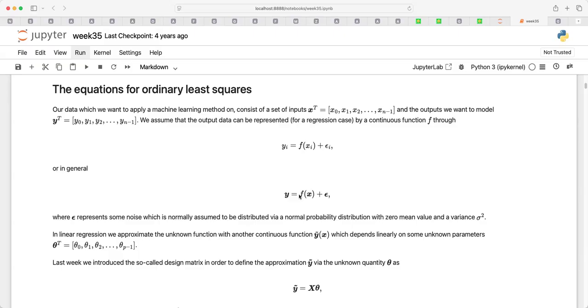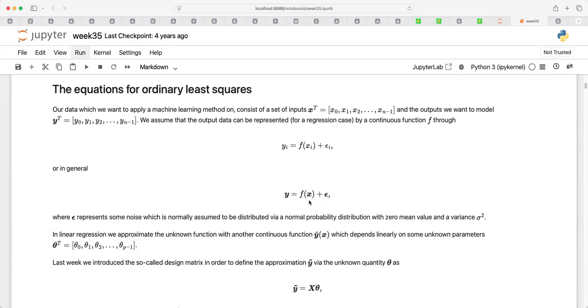I'd also like to say something more. So we are going to make the assumption that x is not a stochastic variable. So this means that it is its own mean value. We call it unbiased.